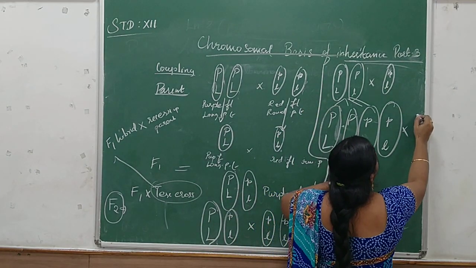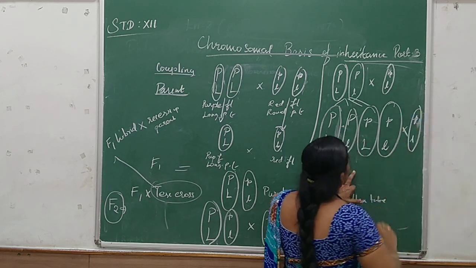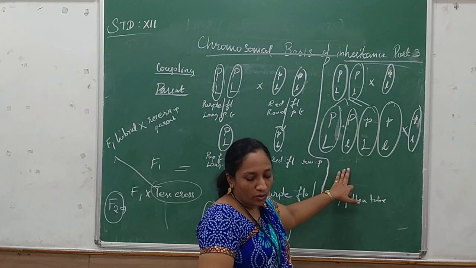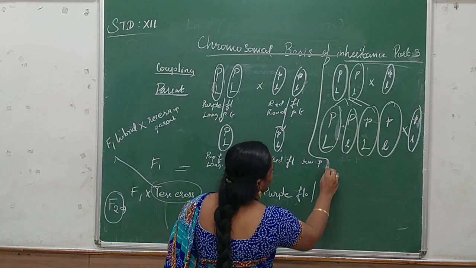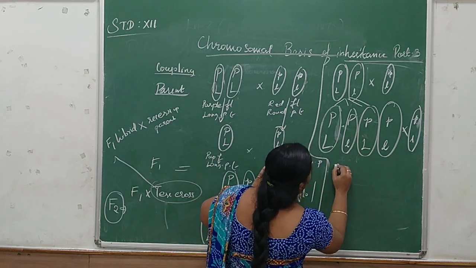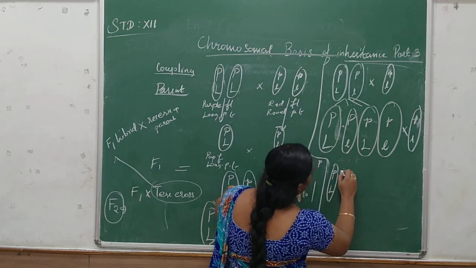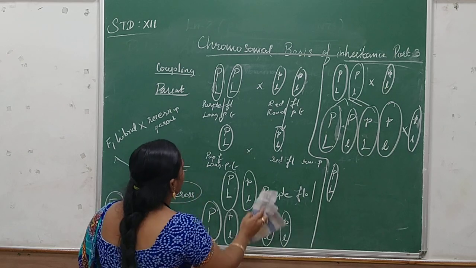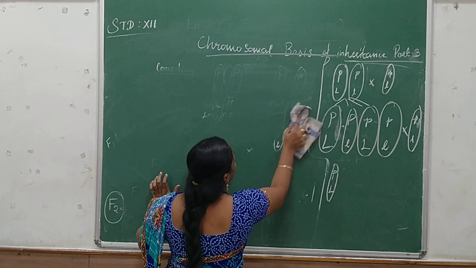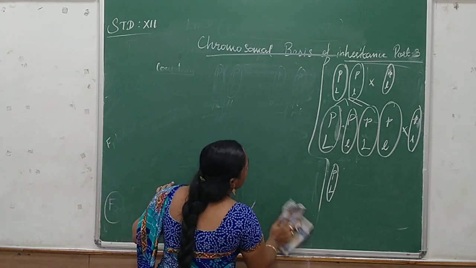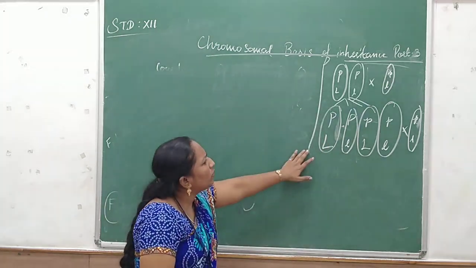Now for doing the test cross, what are we going to get? I am drawing here. I will rub this and write clearly the F2 generation. Are you clear about the F1 generation now? We are getting this hybrid. Now we are doing the F2 generation.